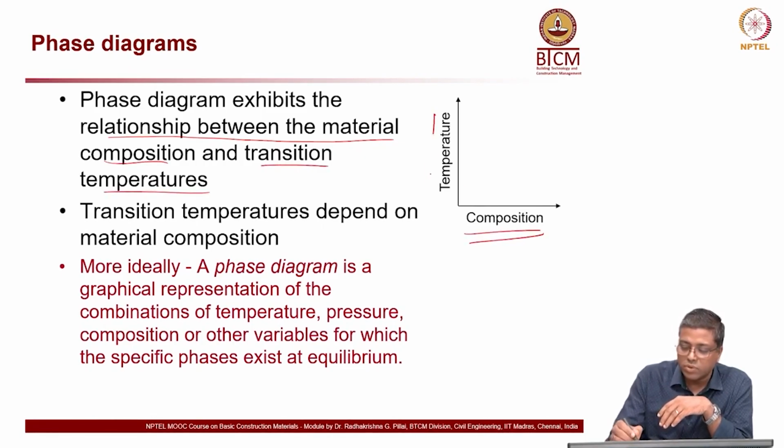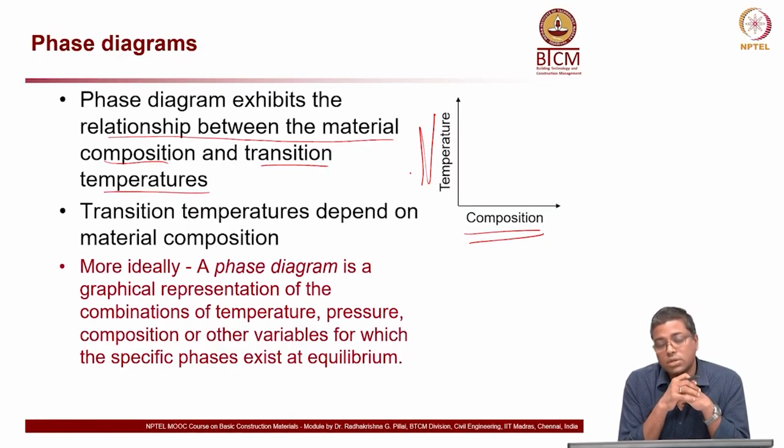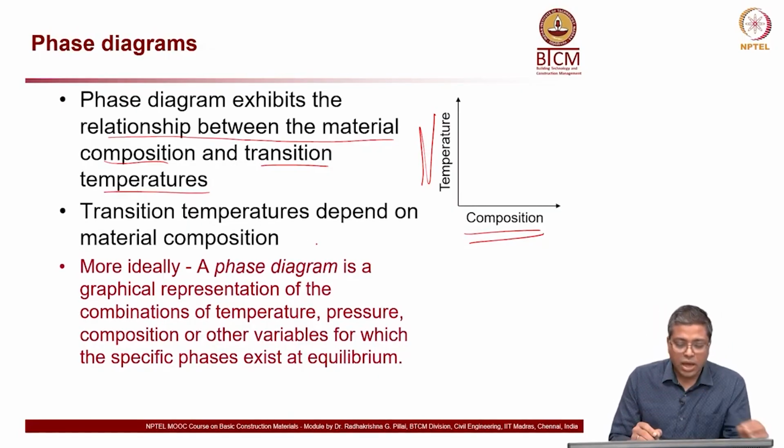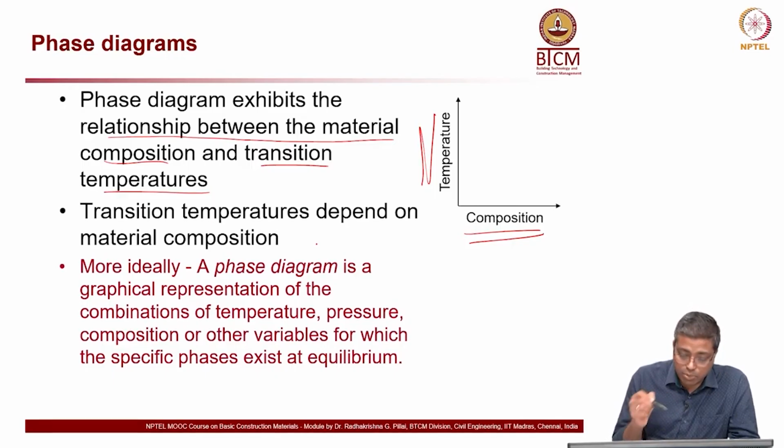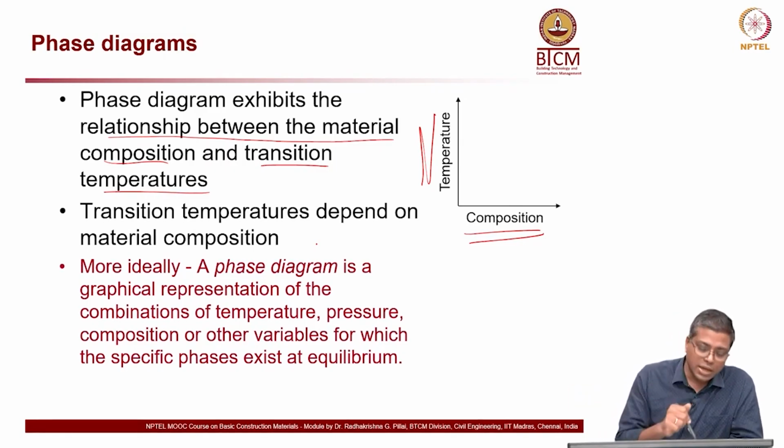So composition versus temperature is essentially the phase diagram, and these transition temperatures depend on the material composition. It is not that the transition temperature is the same for all materials. It definitely depends on the combination of the materials, or the mixture proportion.